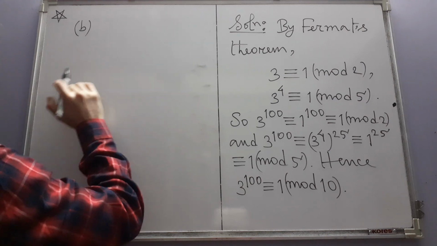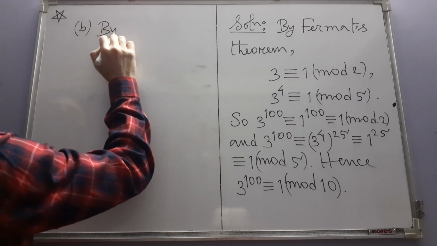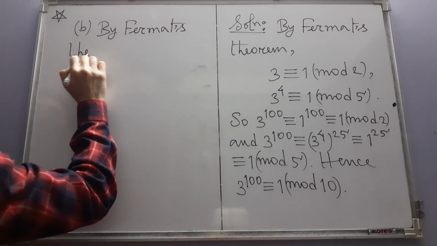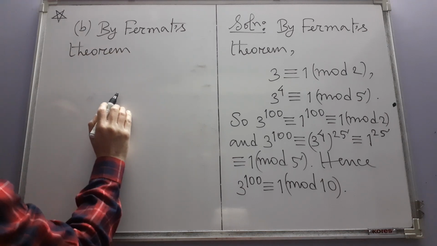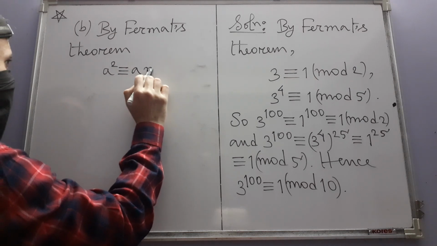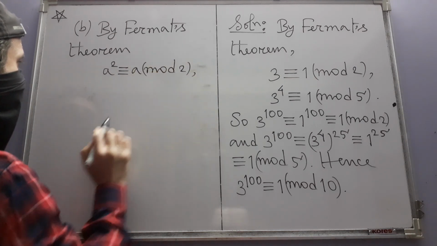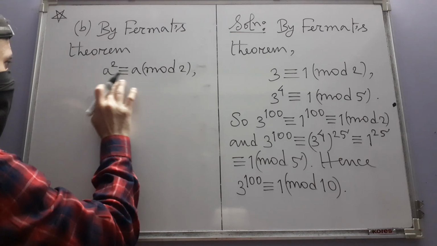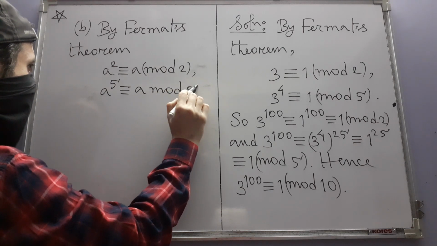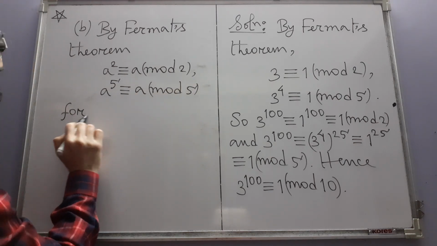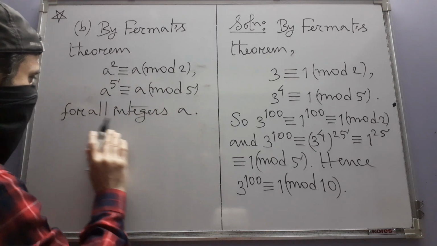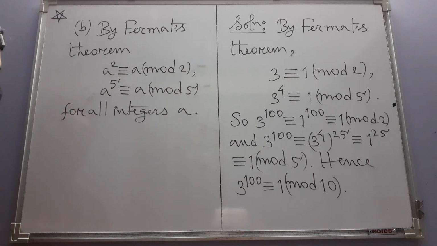But we still simply write, by Fermat's theorem, a square is congruent to a modulo 2, and a to the power 5 is congruent to a modulo 5, for all integers a. We write this to indicate that a is general, a is any integer.